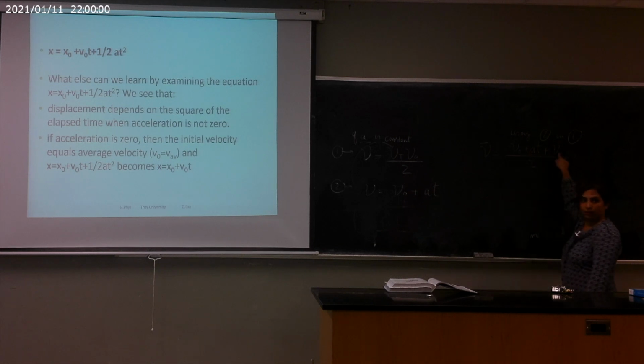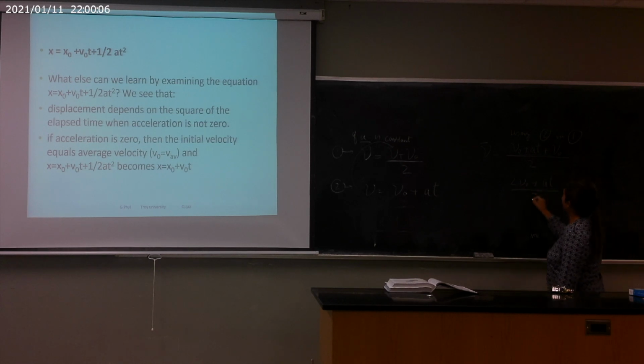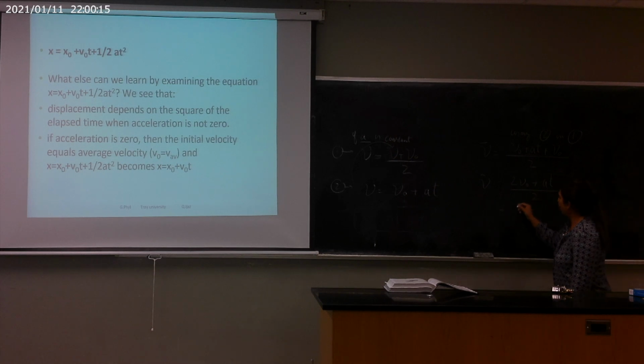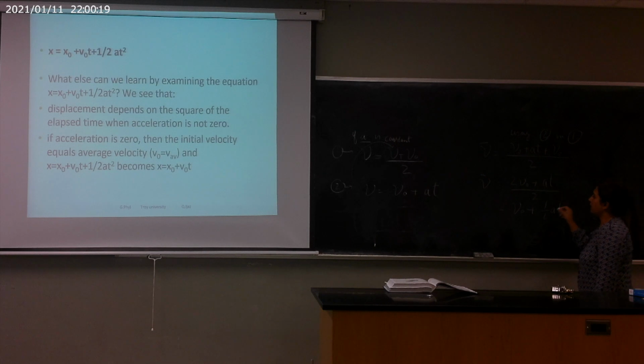These two are the same, they add up, and the rest is divided by 2. Now dividing 2 into both of them, V average is V naught plus half AT. Let's call this equation 3.